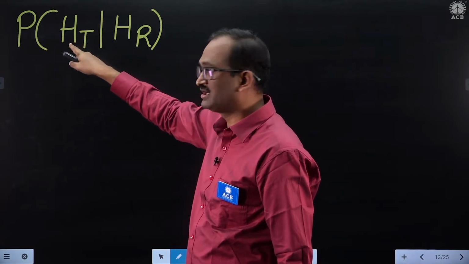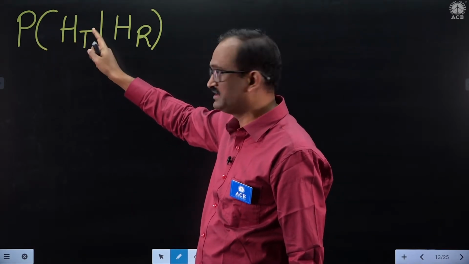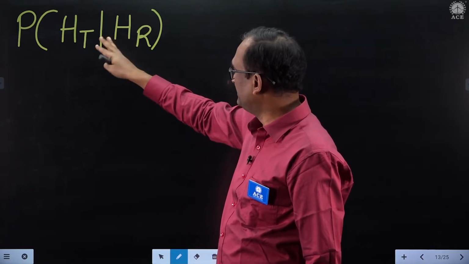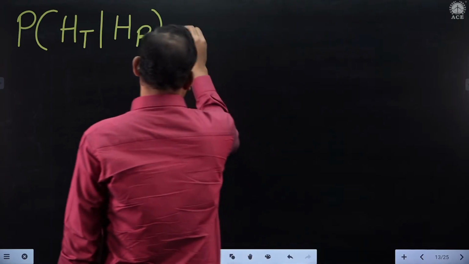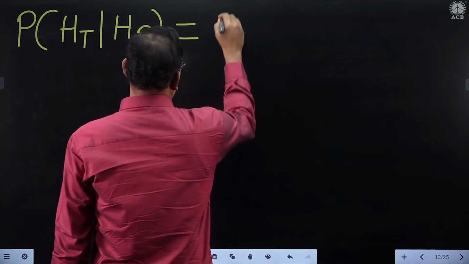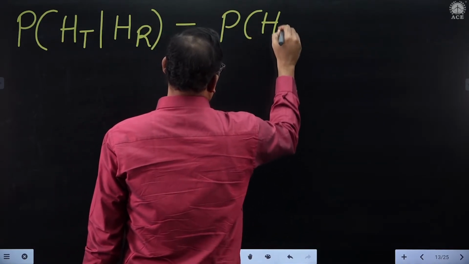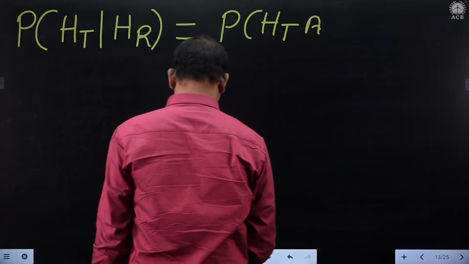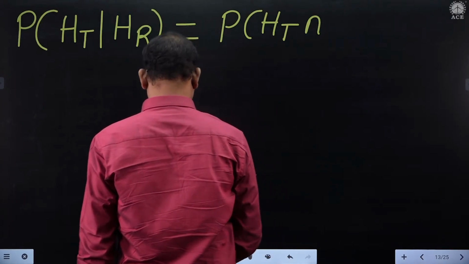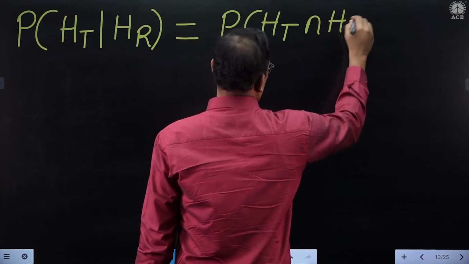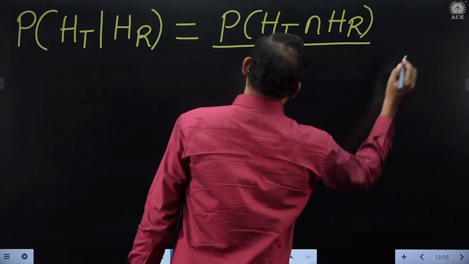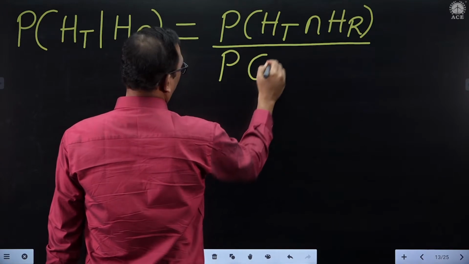It should have been transmitted as H, or it was transmitted as H. Now probability of A given B according to conditional probability or Bayes theorem, I can write it as probability of H transmission intersection H receive divided by total probability of H receive.